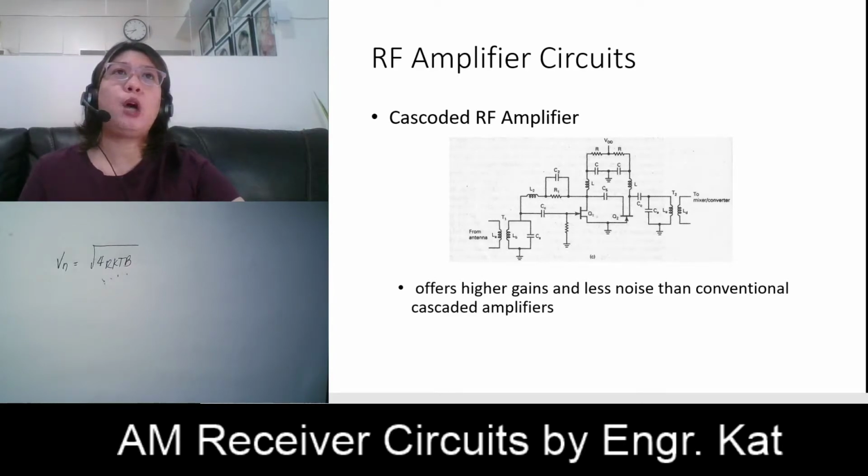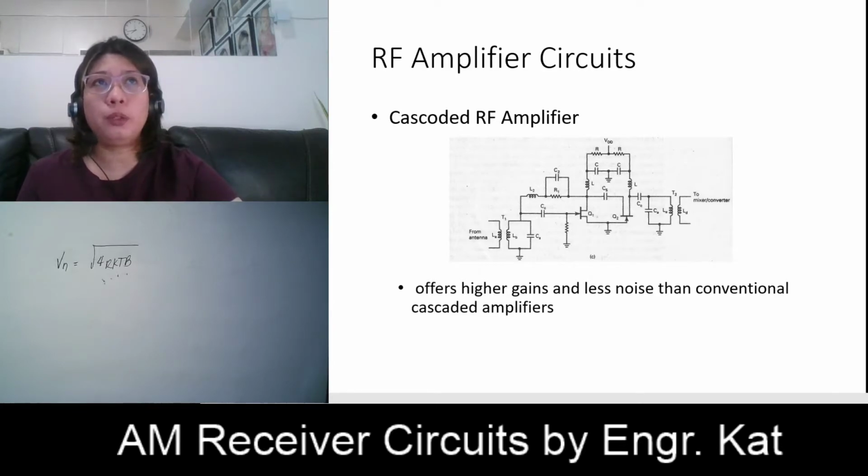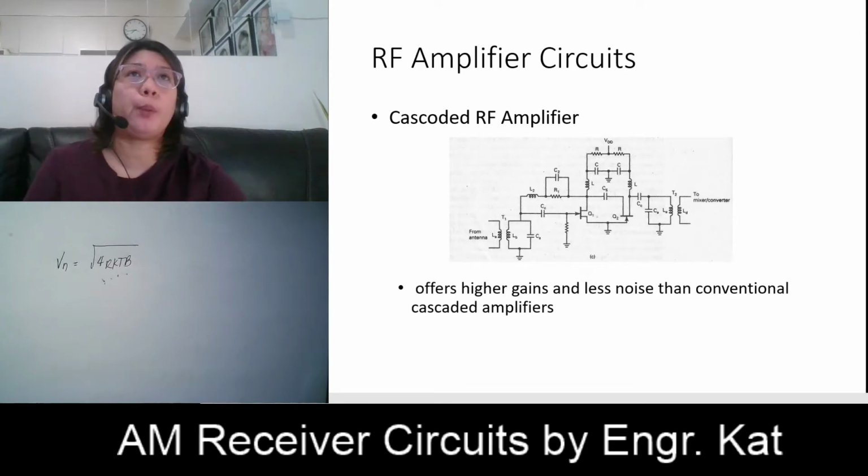The output impedance is coupled to the source of Q2. Q2 is common gate, so it is characterized as low impedance, just like the common base in our BJT counterpart.